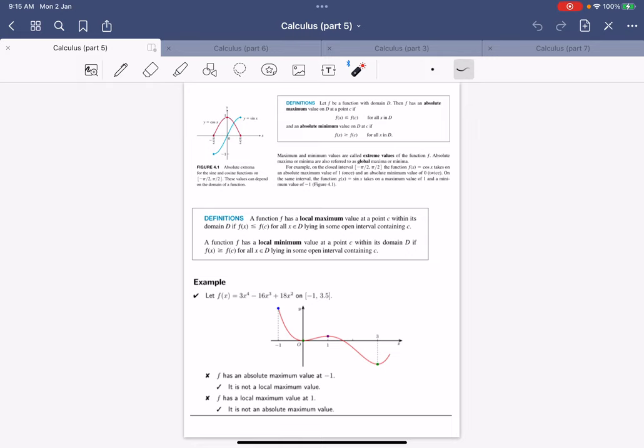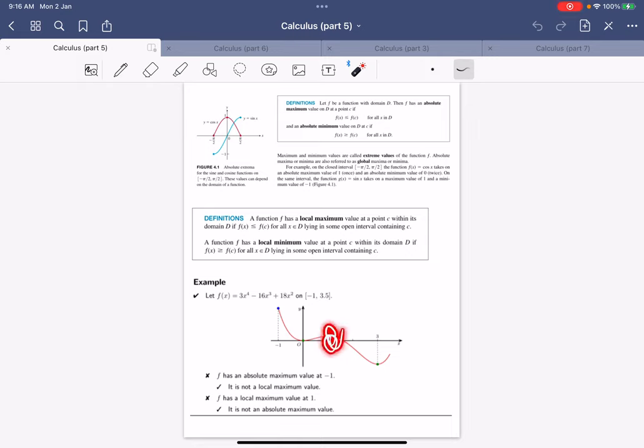Take for example this quintic graph from -1 to an arbitrary value. This -1 point is considered the absolute maximum because across the domain which is being defined, it is the greatest value.